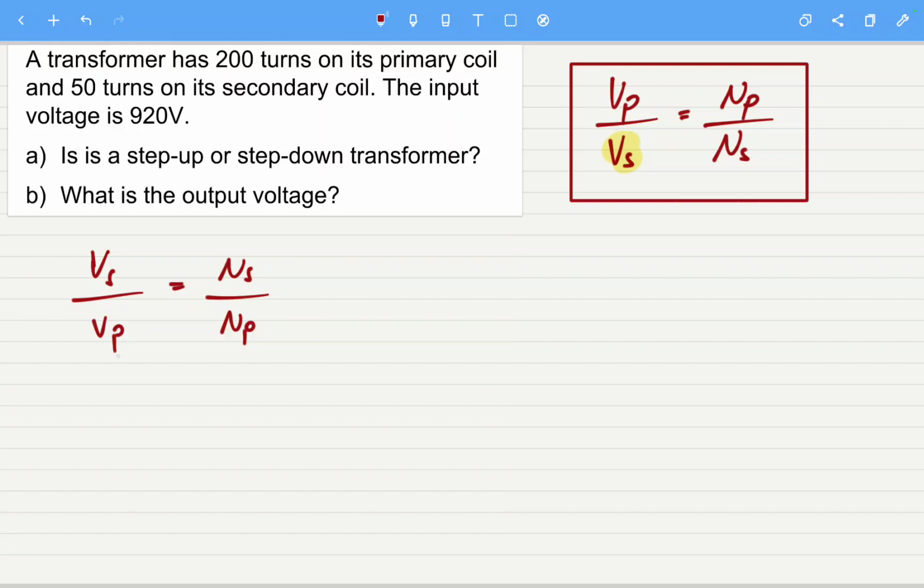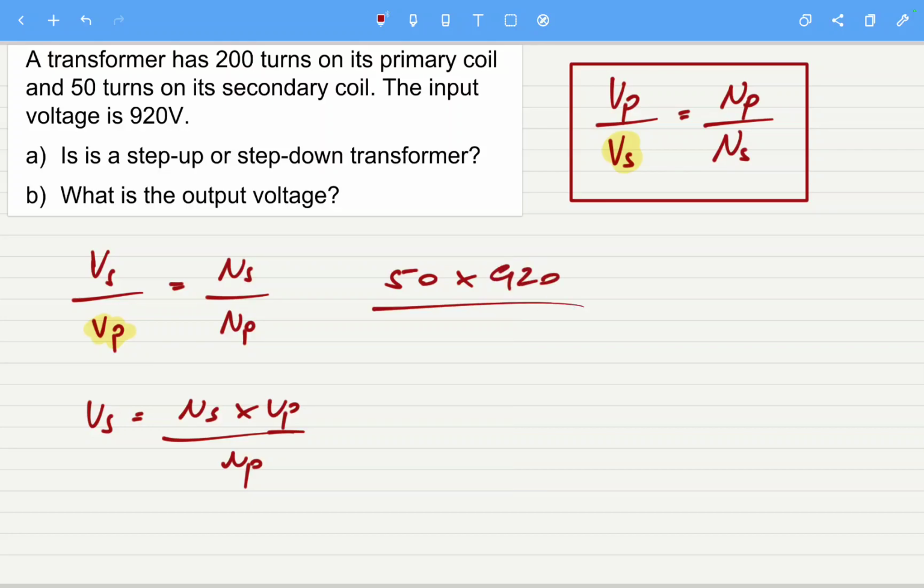We've got to get rid of the divide by voltage primary, and the opposite of dividing by voltage primary is to simply times by voltage primary on the other side. So voltage secondary is equal to number of turns on the secondary times voltage primary divided by number of turns on the primary coil. That'll be 50 times 920, divided by 200. If you calculate that, that'll give you the secondary voltage, which is 230 volts.